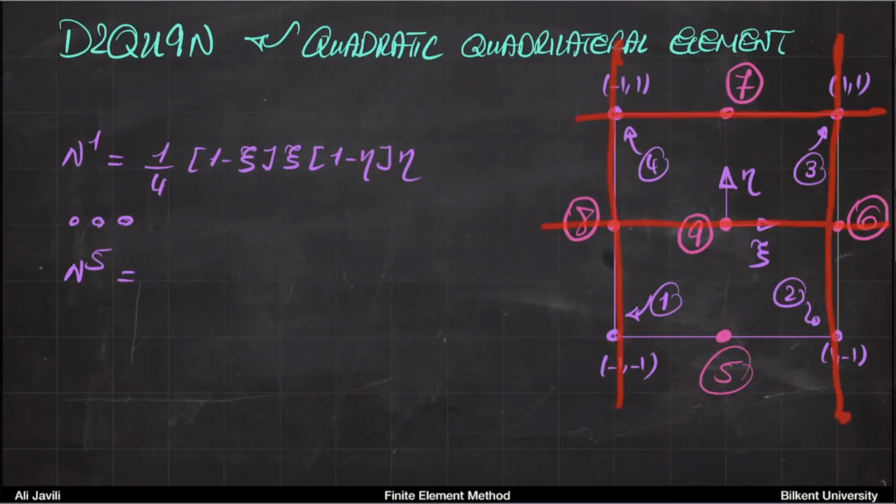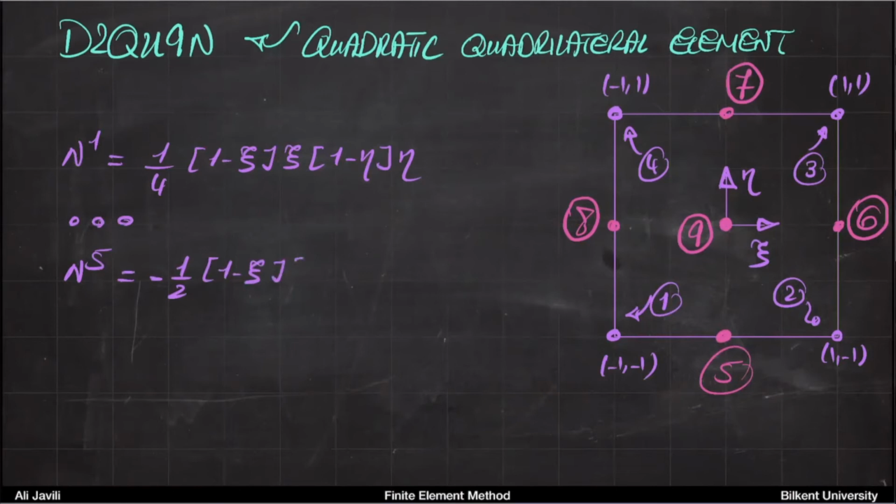So it's going to be 0 elsewhere, and then we need to have it as being 1 on node 5. So if you do that, your N5 would look like minus 1 over 2, 1 minus xi, 1 plus xi, 1 minus eta times eta.